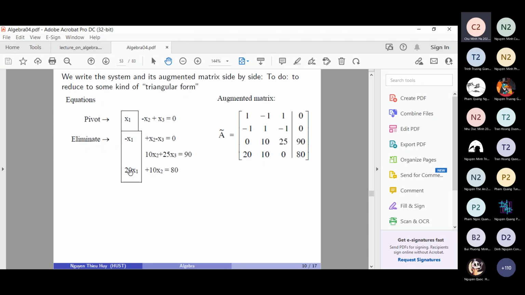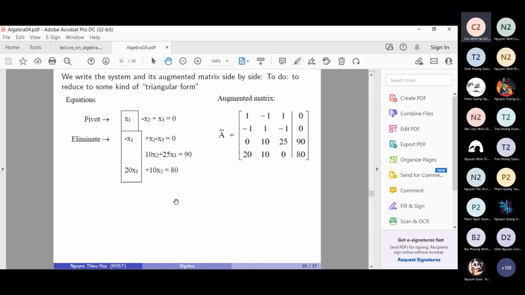The idea of Gauss is that instead of working with a system with many variables, we work with an augmented matrix containing only numbers, the coefficients of the system. So instead of working with both numbers and variables, we are now working only with numbers, and this is simpler. Let's see how we can work only with numbers, and it still works.